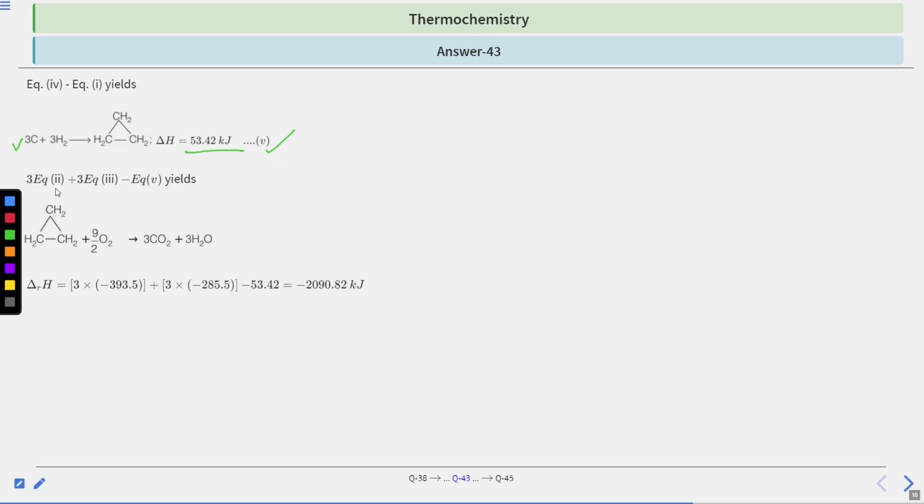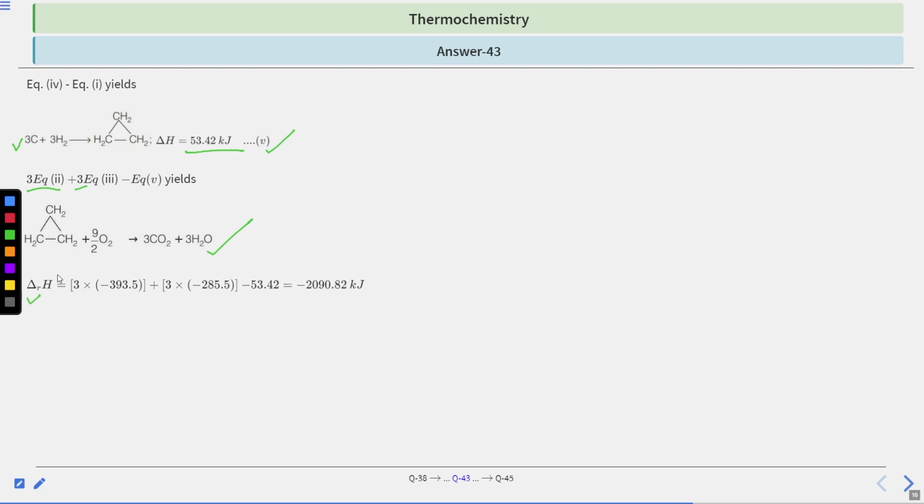Now we have to multiply equation 2 by 3, plus multiply equation third by 3, and then subtract equation fifth. So the final reaction will be cyclopropane plus 9 by 2 of O2 giving 3 CO2 plus 3 H2O. And we have to find the enthalpy for this final reaction, right? As we multiply by 3 and add and subtract the equations, their enthalpies will also get multiplied, added and subtracted.